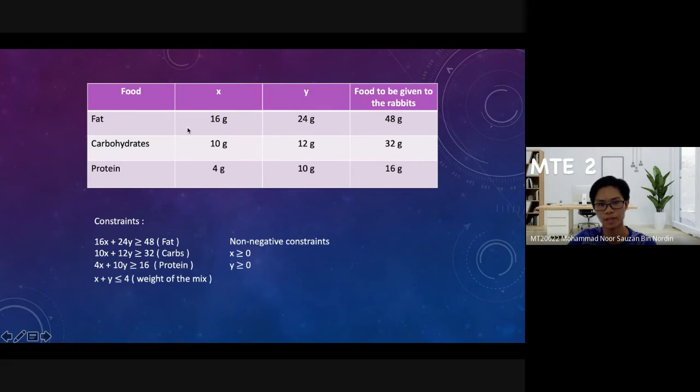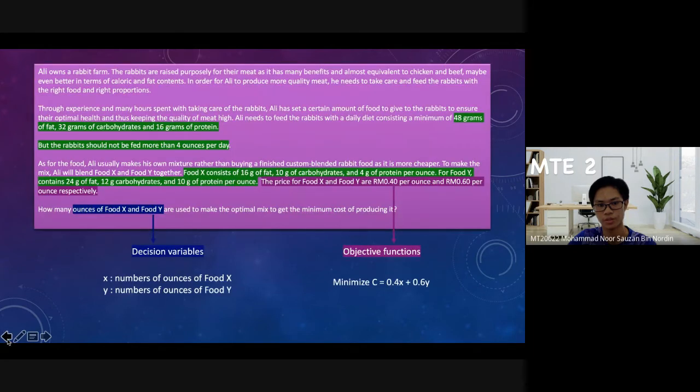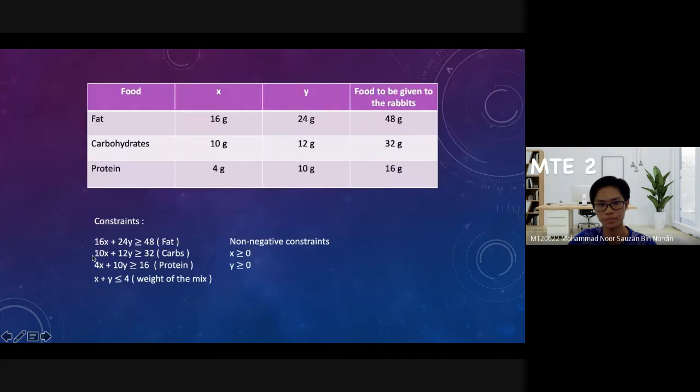For food X, it has 16 grams of fat, and for food Y, it has 24 grams of fat, just like in the question mentioned earlier, which I highlighted with the color green. So from this table, we can write the constraints.